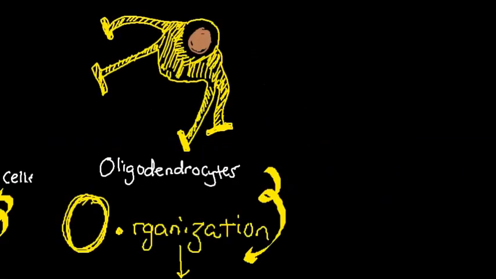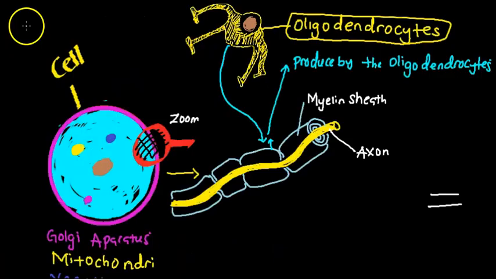Let's look at the function of the oligodendrocyte. If you pay close attention to the neurons, let's assume this is the neuron, though we have got the 2 edges. If you pay close attention, you realize this sheath which we have is what we call the myelin sheath. And those oligodendrocytes are responsible for producing this myelin sheath along the axons.